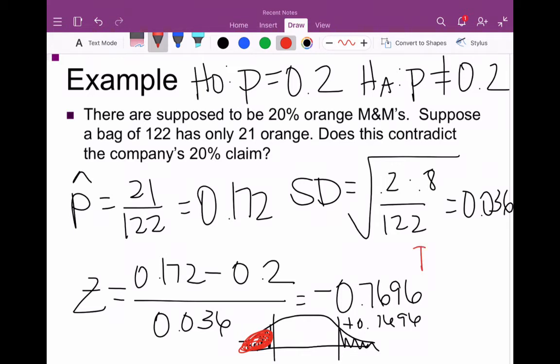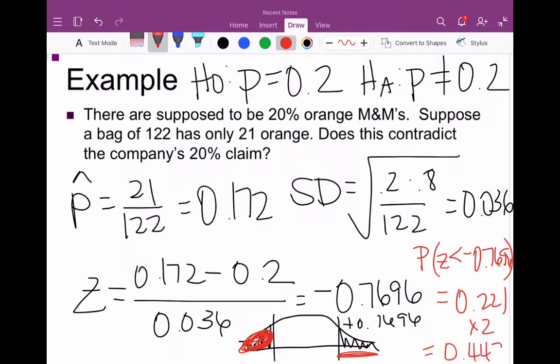The probability that z is less than negative 0.7696 is equal to 0.221. Because it could also be above, I actually have to multiply this by 2. So I take this, multiply it by 2, and I get 0.442.